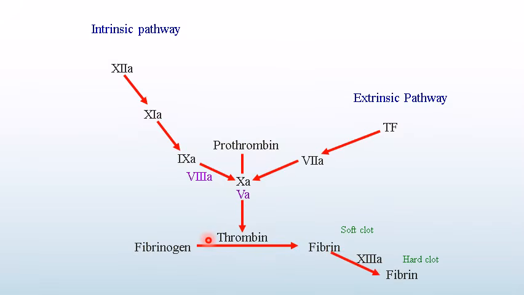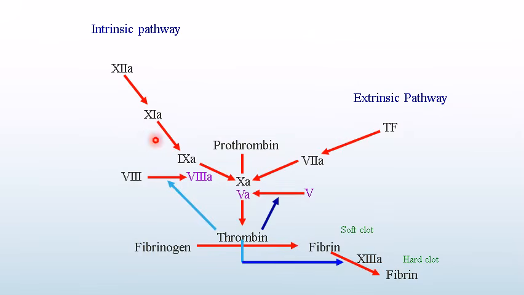Thrombin, after formation, will act on factors 12, 11, and 10, augmenting factor 10 formation, and with this will lead to more and more thrombin, which will generate more and more fibrin.